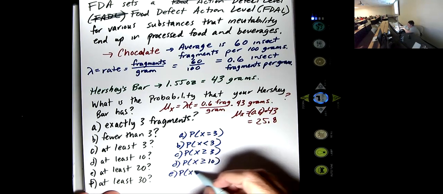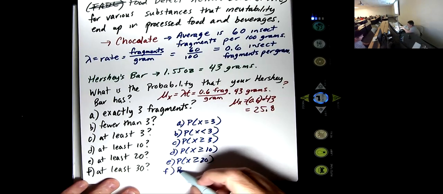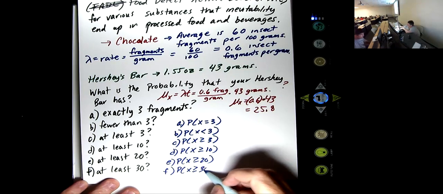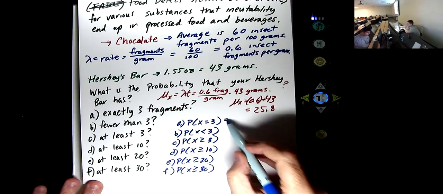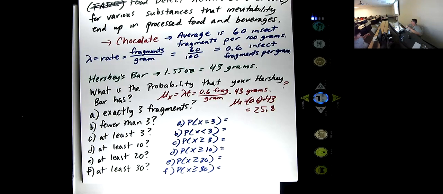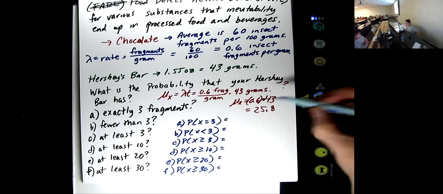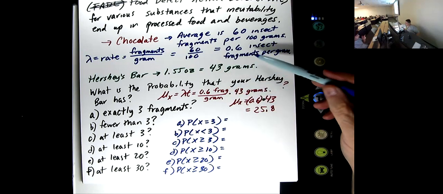These are what we're going to put in our Poisson calculator. So you know you got the 43 on the right. Oh, that should be times. What's next in the parentheses? 0.6 from our fragments.